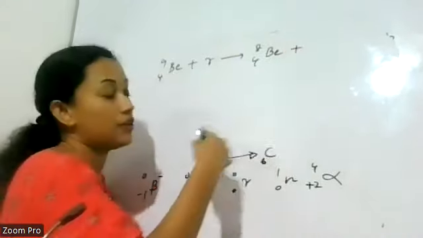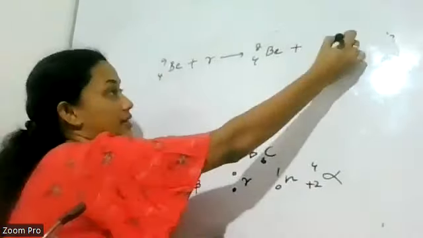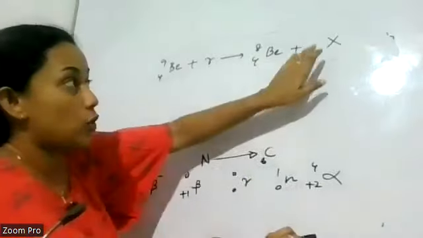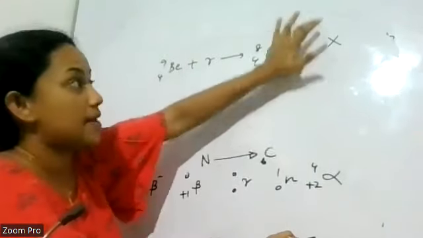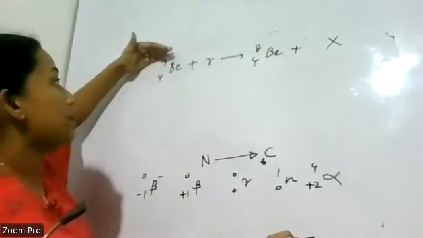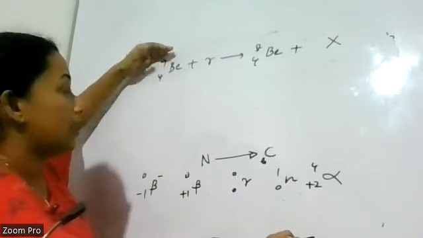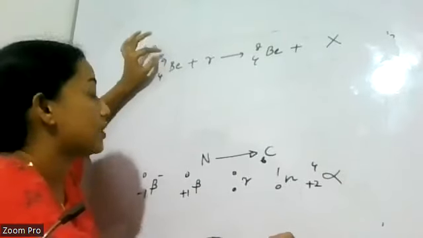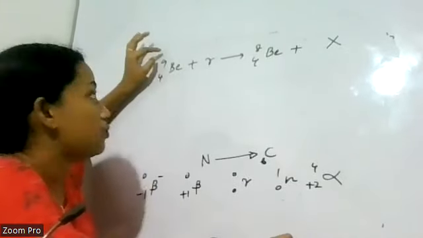And what about the remaining particle, X? We have to find the remaining particle with its atomic number and mass number. The total of mass numbers on both sides should be the same.